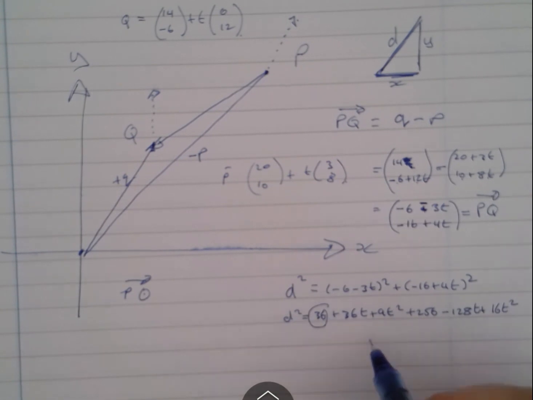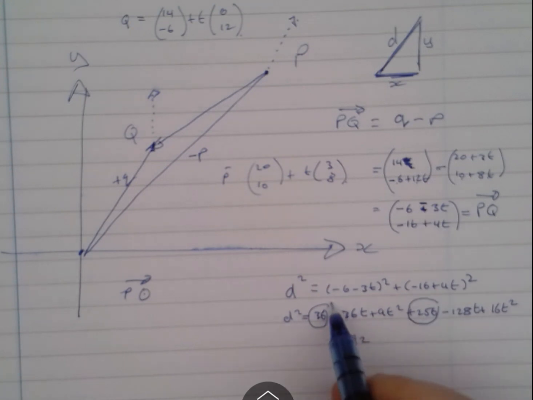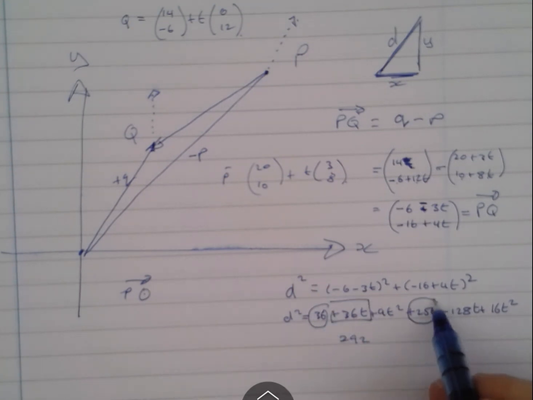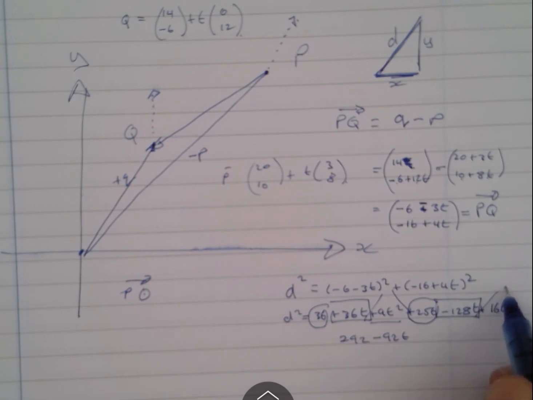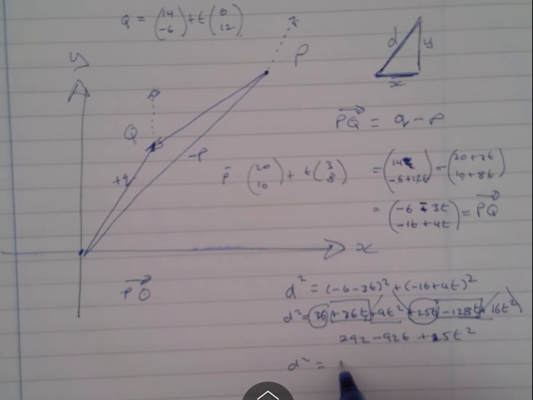Looking at the 36 and the 256, that gives you 292. And then we've got plus 36 and you've got a minus 128, gives you minus 92t. And then we've got the 9t squared and 16t squared, so it gives you 25t squared. And so that obviously can be tidied up to d squared equals 25t squared, which is what they wanted you to get.